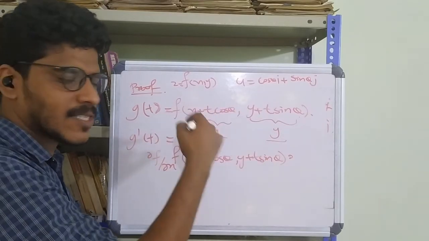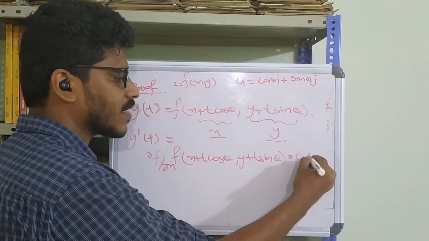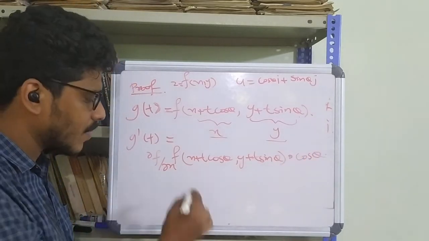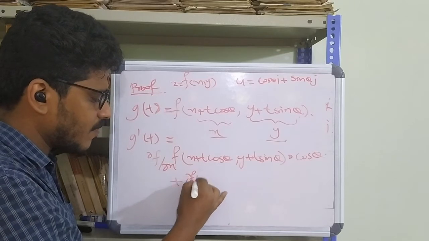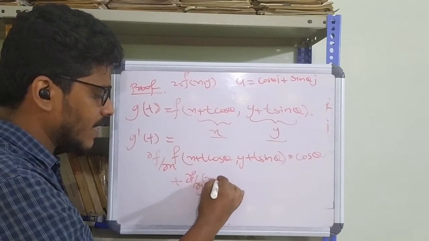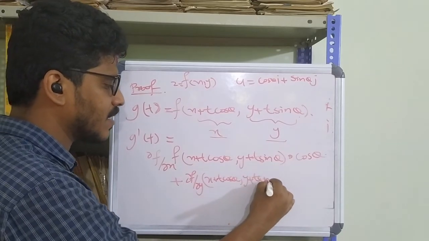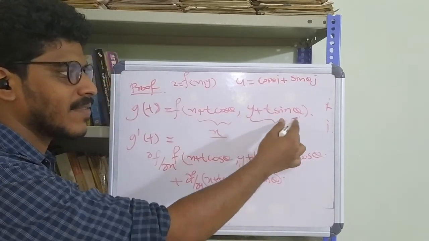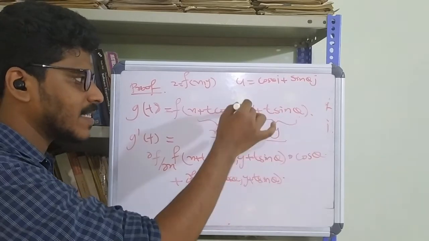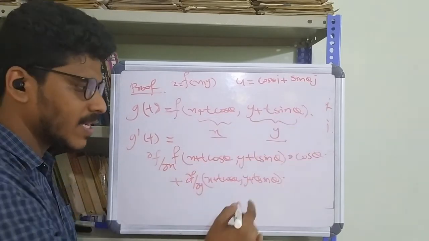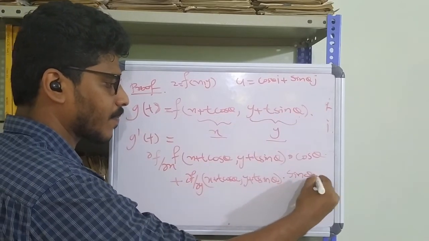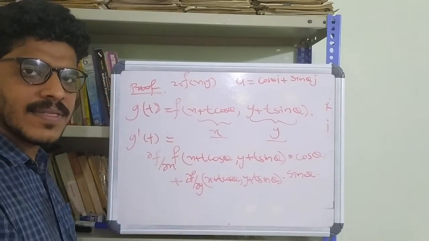If you differentiate it with respect to t, you will get a cos theta here, plus dou f by dou y of x plus t cos theta, y plus t sin theta, into, again the second variable is a function of t. If you differentiate y plus t sin theta with respect to t, you will get a sin theta. Right. This is what we get.